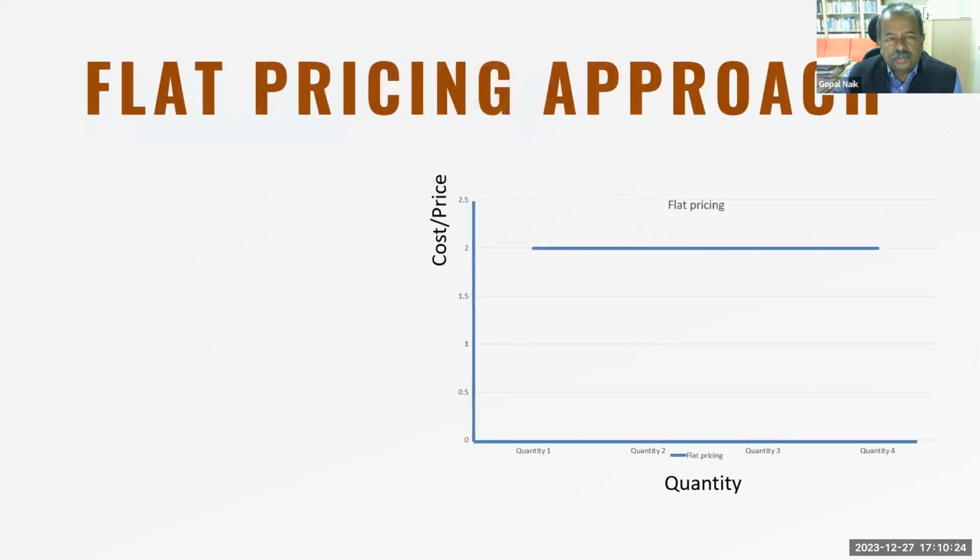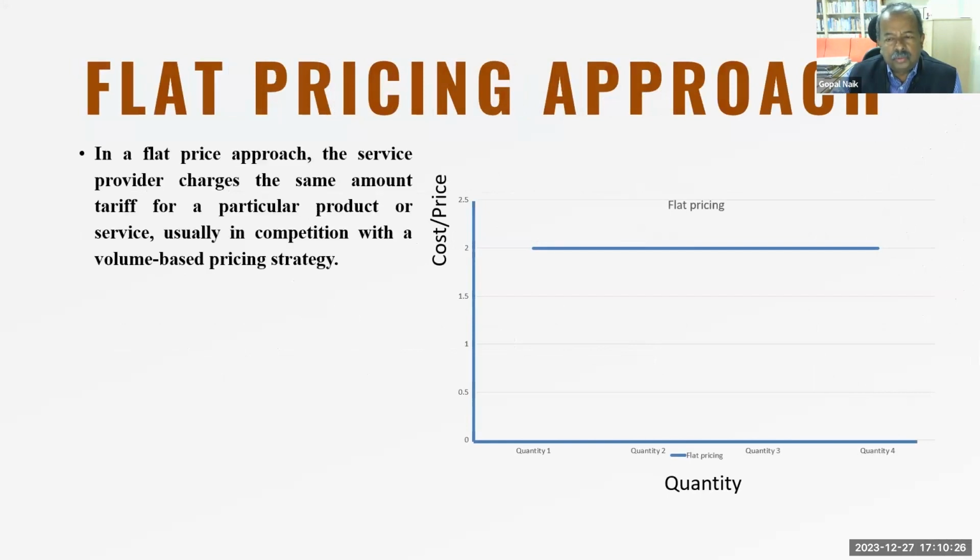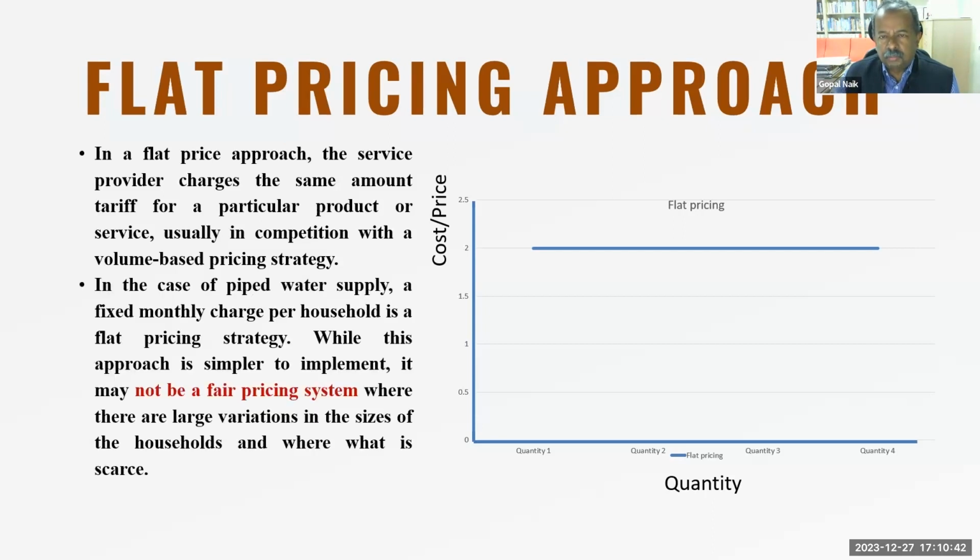So in case of, let's say, a flat pricing approach, the service provider charges the same amount of tariff for a particular product or service, usually in contrast with volume-based pricing. So it's irrespective of the quantity consumed, the same amount is charged. For example, a fixed monthly charge per household in a piped water supply is an example of a flat pricing approach.